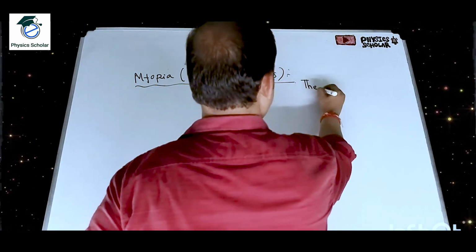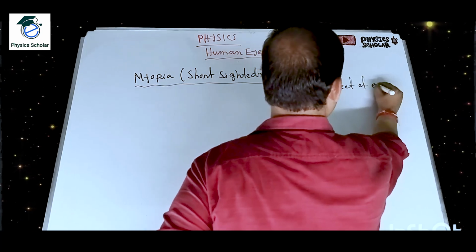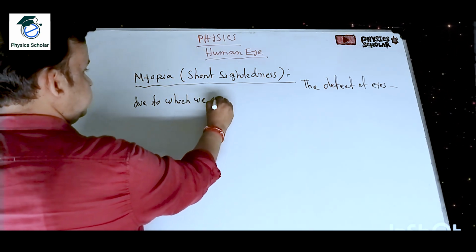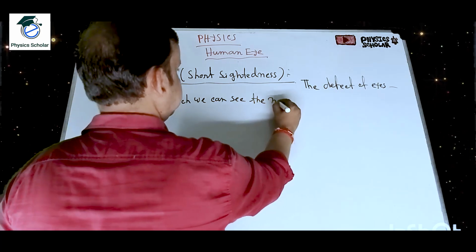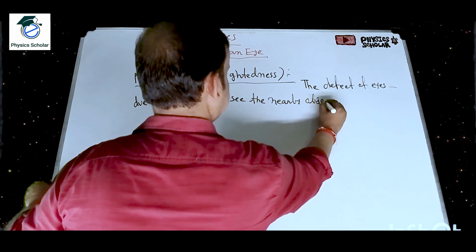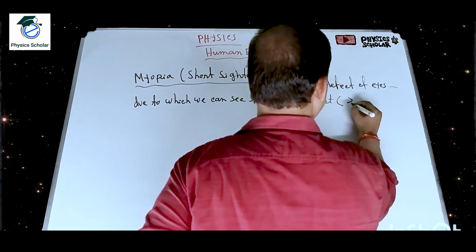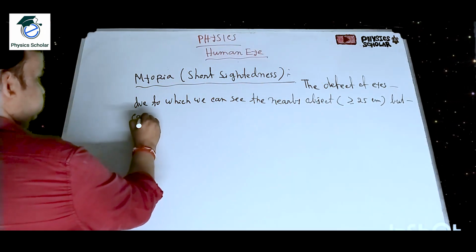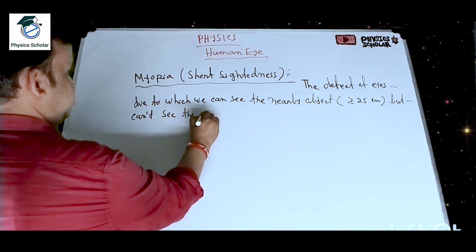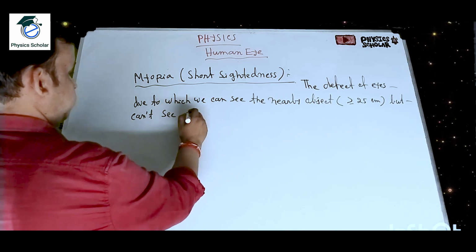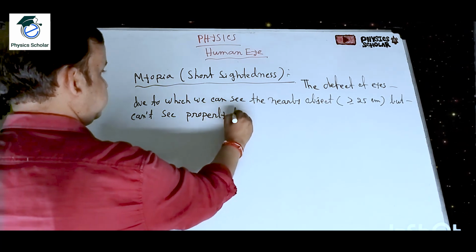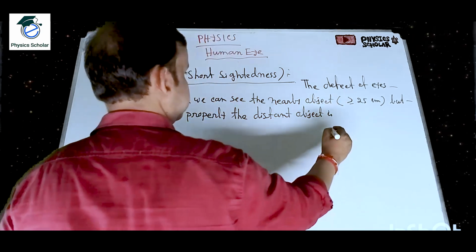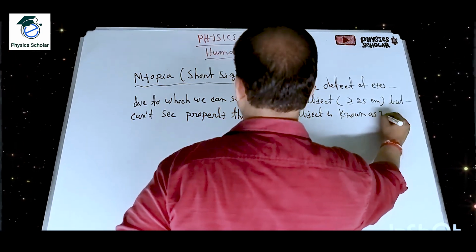The defect of eyes due to which we can see the nearby object, it should be greater than or equal to 25 centimeter, but can't see the distant object properly is known as myopia.